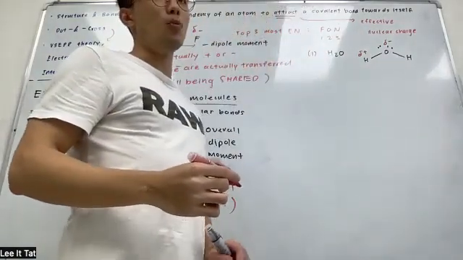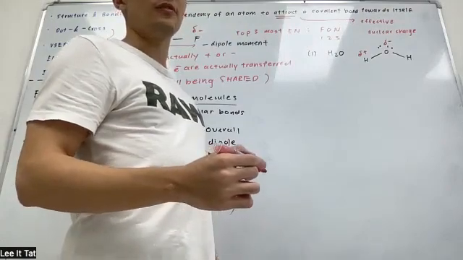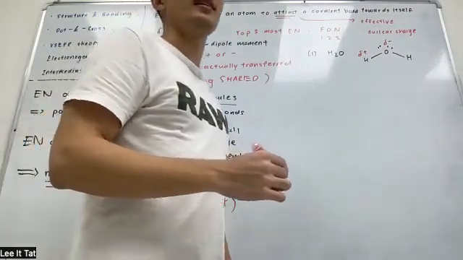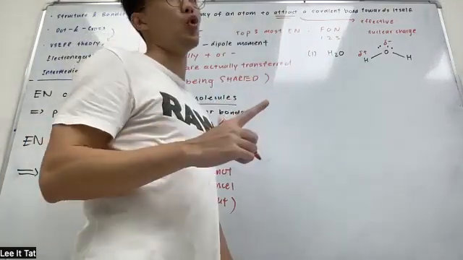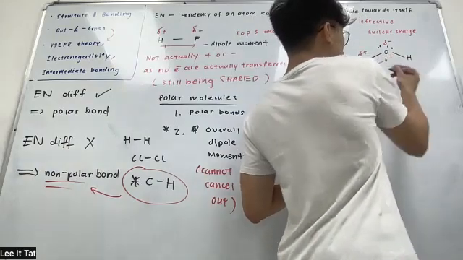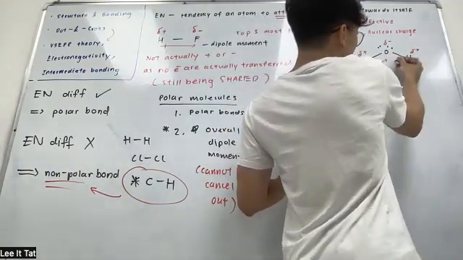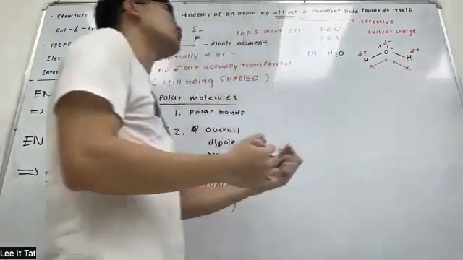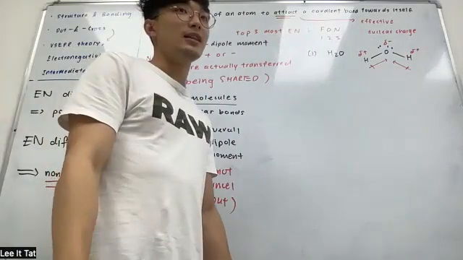Where is the dipole moment pointing from? From O to H or from H to O? Okay, good, because the electrons are going towards oxygen. You repeat the same thing for the other side. So your structure could look something like this, right? Can you see that?